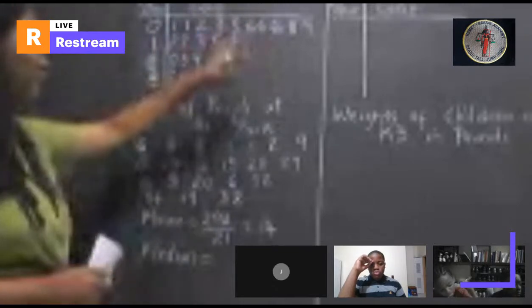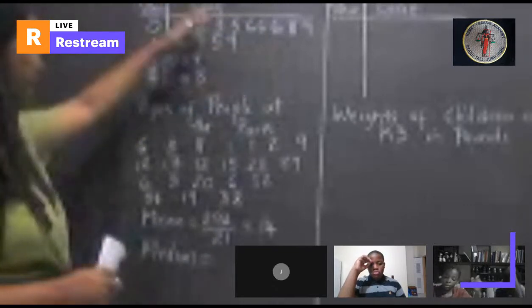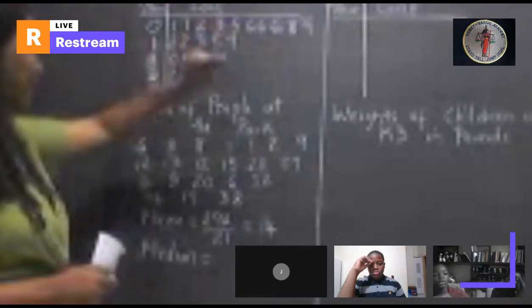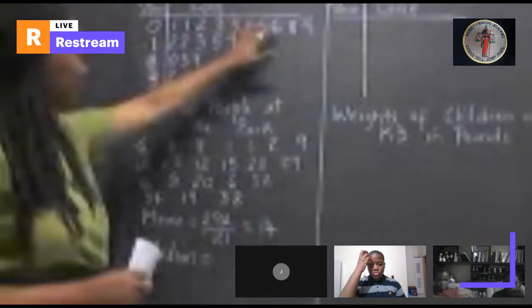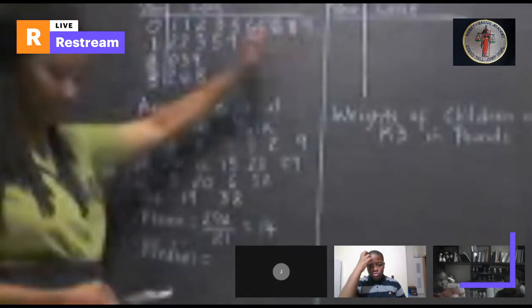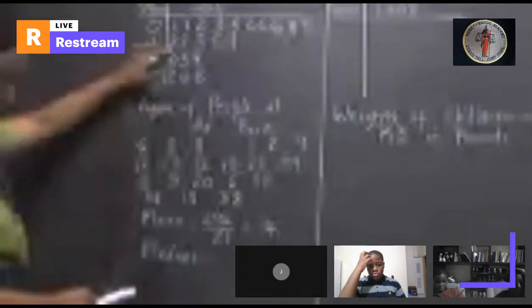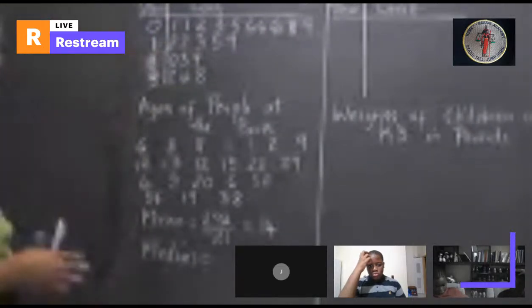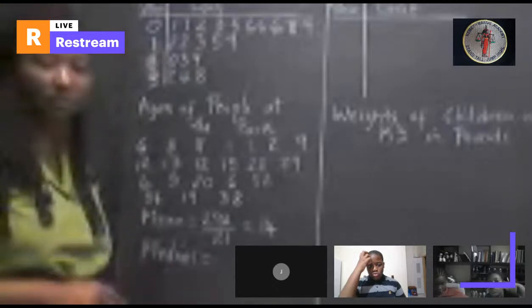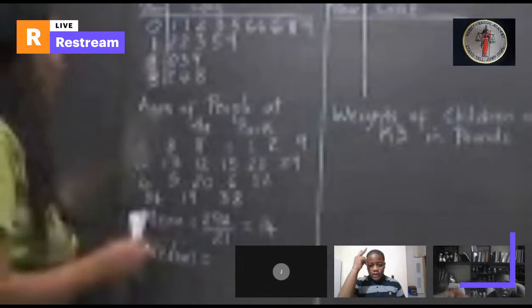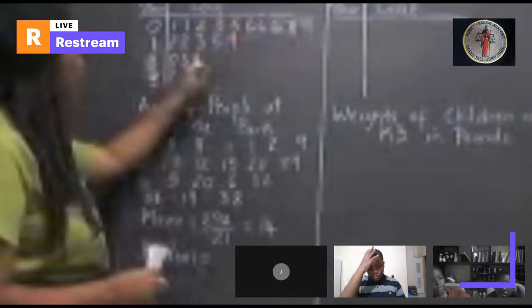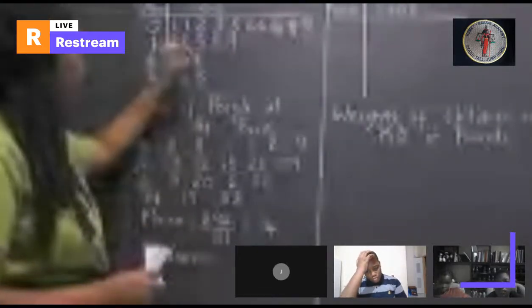So we need to have 10 on one side and then we get the median. 1, 2, 3, 4, 5, 6, 7, 8, 9, 10. And so this number is the median. What number is it? So we have 10 here, and 1, 2, 3, 4, 5, 6, 7, 8, 9, 10. So this number is in the middle.